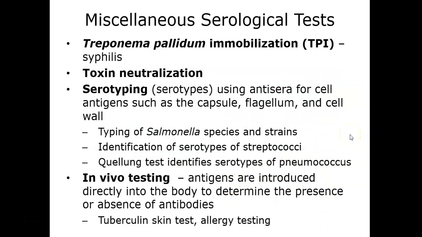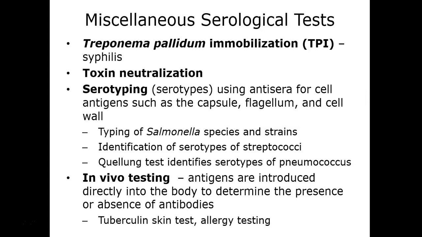We also have several other serological tests. We have one that's specific for looking for syphilis, which is called the TPI test. We can also attempt to neutralize a toxin to determine what type of toxin is produced, letting us know which microbe is present. We can serotype, so we can actually type for different species and strains.